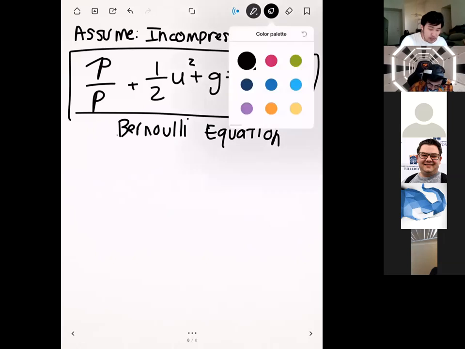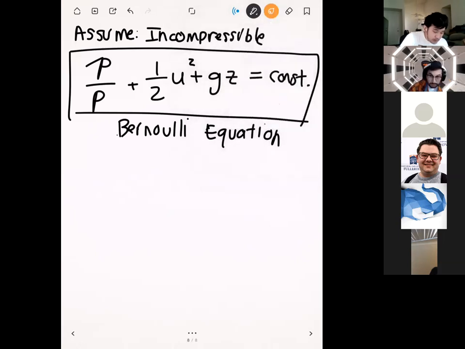But before I do that, let's go over the most important point of Bernoulli, which is the assumptions. To get to here, we actually applied 4 different assumptions.